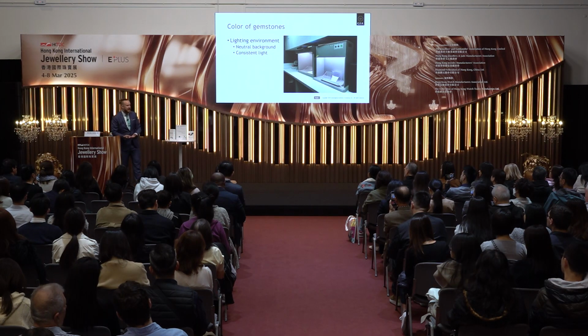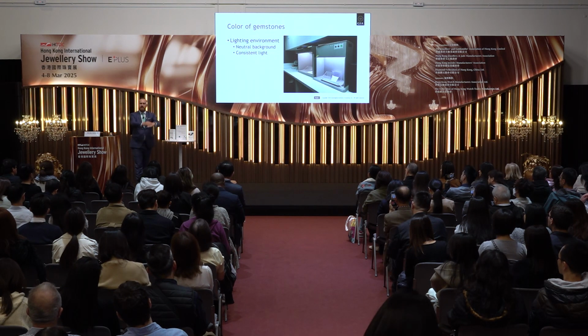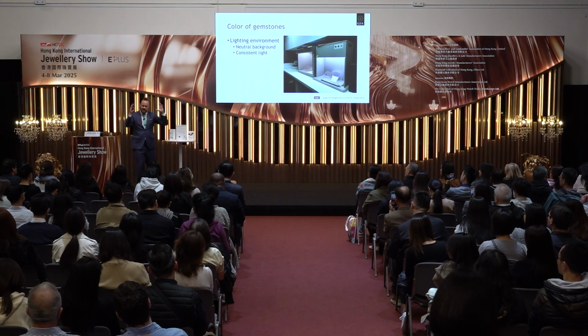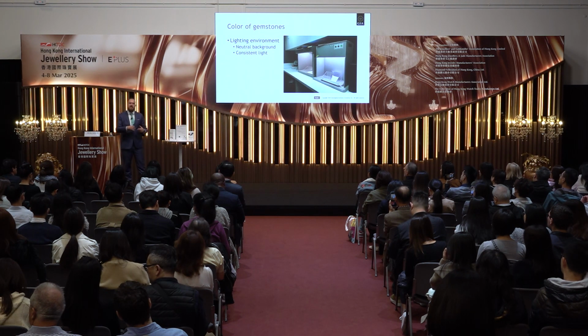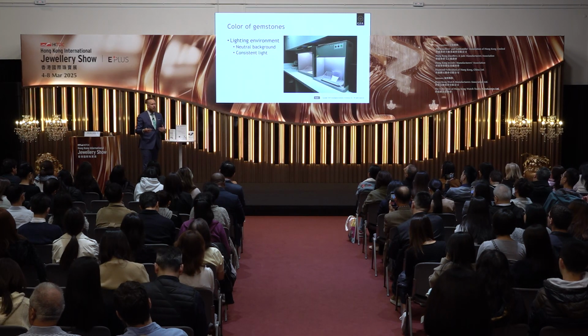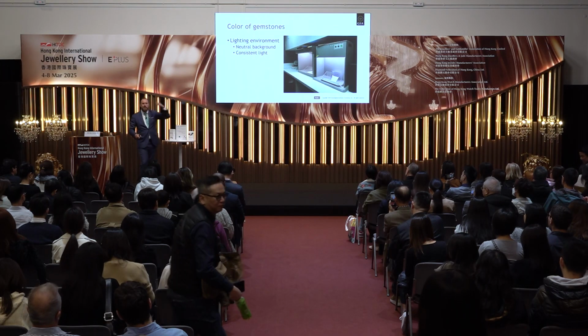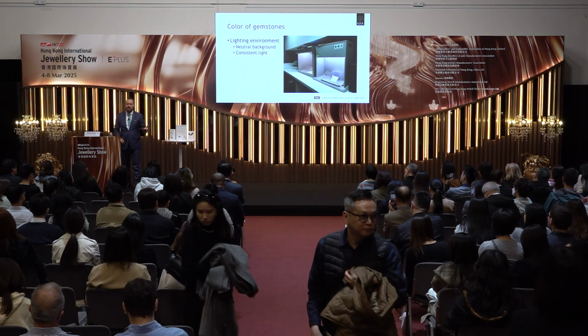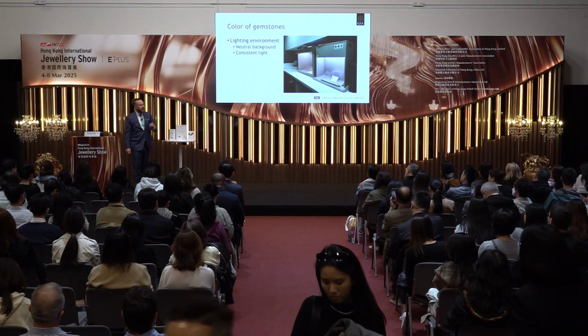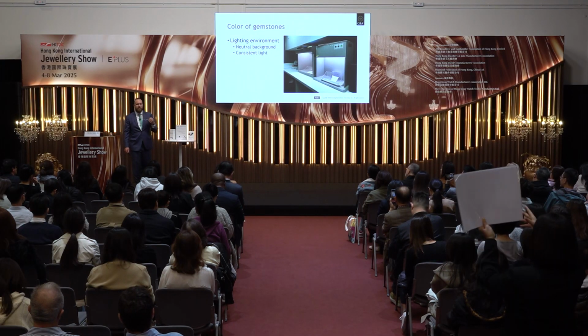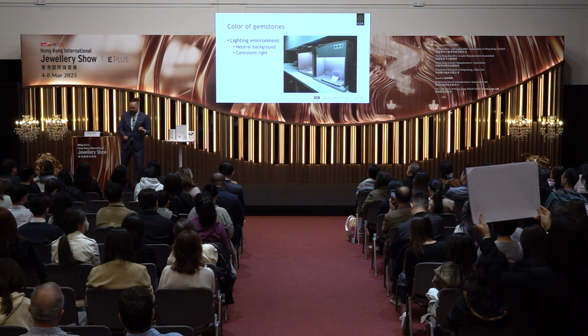We cannot simulate that in the lab. So we choose, this is where we set our benchmark. This is the standard environment we use. And we know that that doesn't always translate exactly to where you see gemstones in the wild. This is not how we look at stones in the show. This is not how you sell gemstones. But it is a very convenient, practical alternative to look at color.